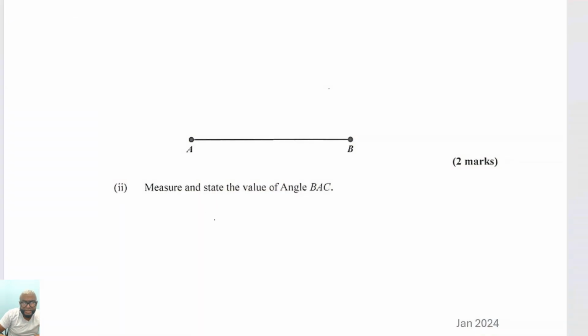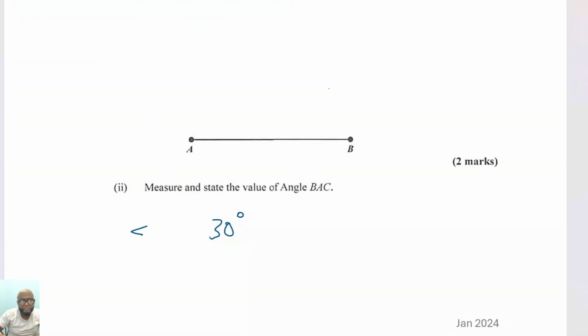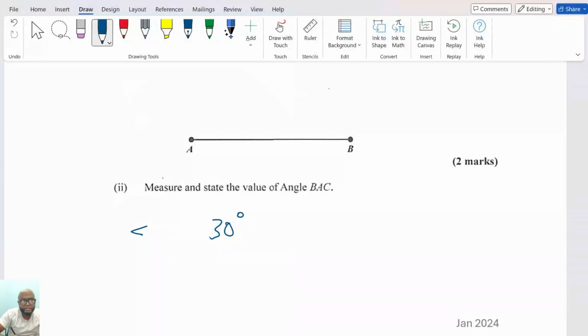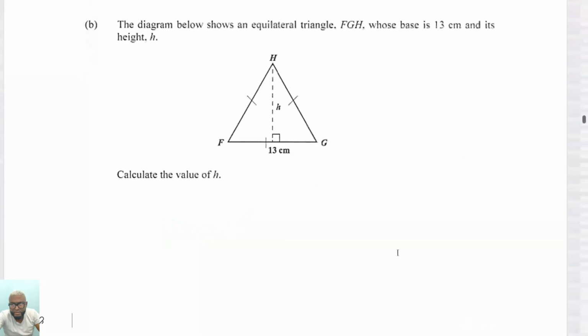So the answer would be 30 degrees. Angle BAC is equal to 30 degrees. And the thing about construction is everybody is supposed to get the same answer.